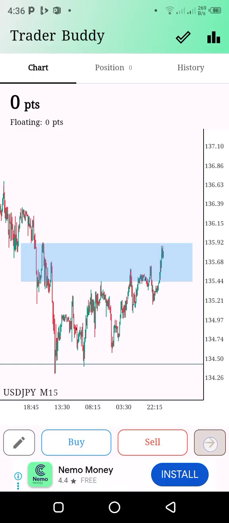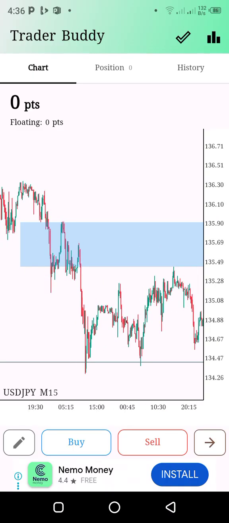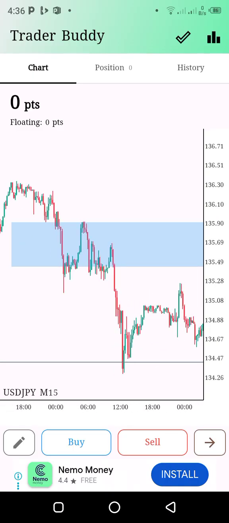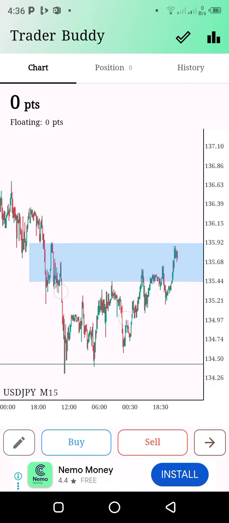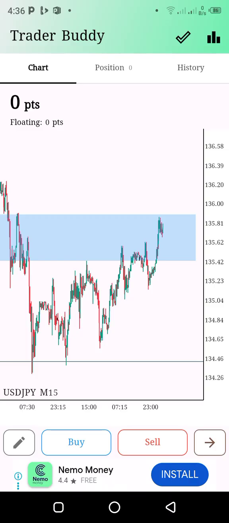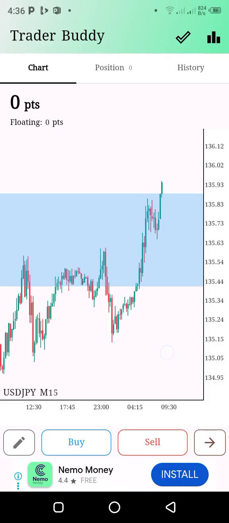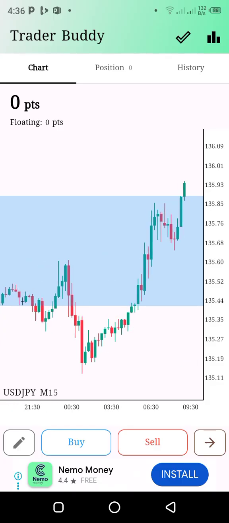Alright, we are closing above the supply zone. Now here at this point, I can simply just wait and see what market gives us. You see now we have a full body candle close above the zone. So the zone is now invalid, right?